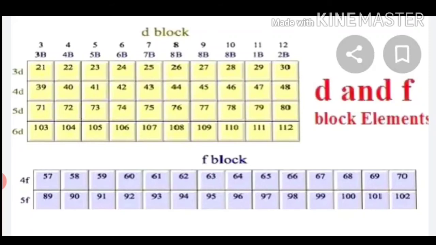So the transition elements have first ionization energy higher than S block elements but lower than P block elements. As the atomic radius trend is not regular, the ionization energy of these elements is also not very regular.